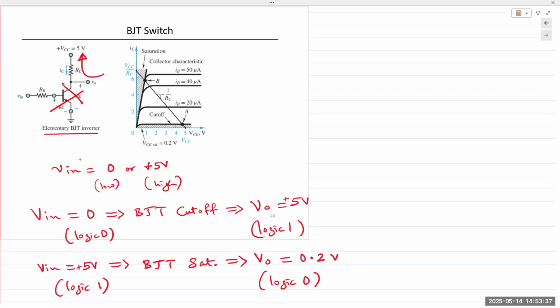Yes. So it's used as a 2-input gate or a 3-input or 4-input gate too. It depends on the circuit.